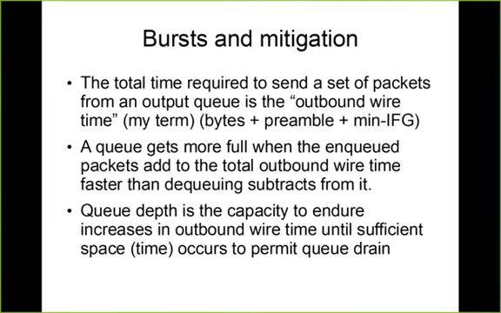Queue depth is the capacity to endure increases in outbound wire time until sufficient space-time, nothing to do with relativity, just when I say space, I mean silence or non-activity on the wire, occurs when sufficient space occurs to permit queue drain.